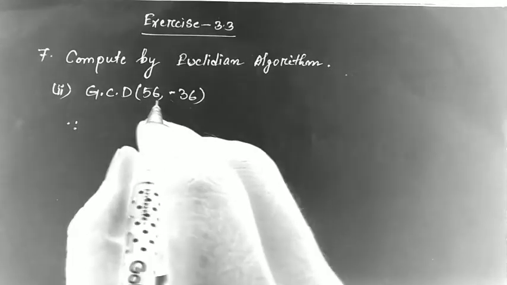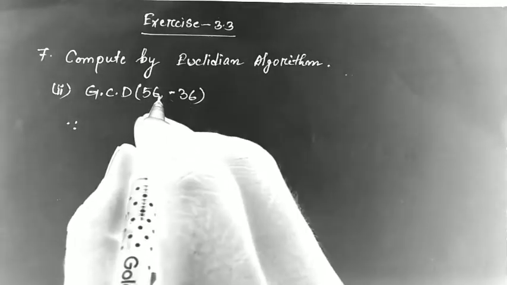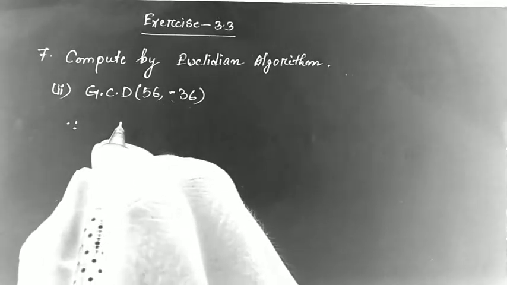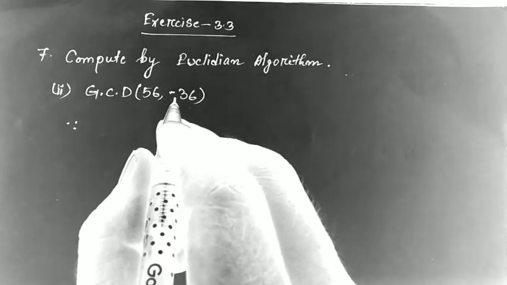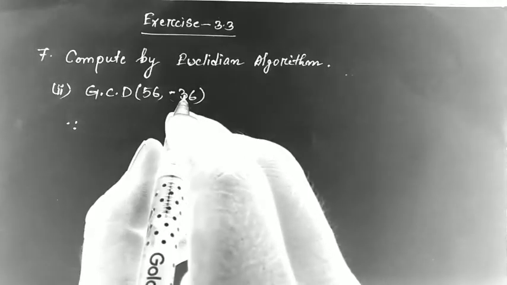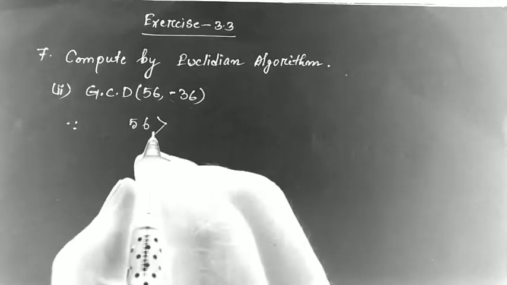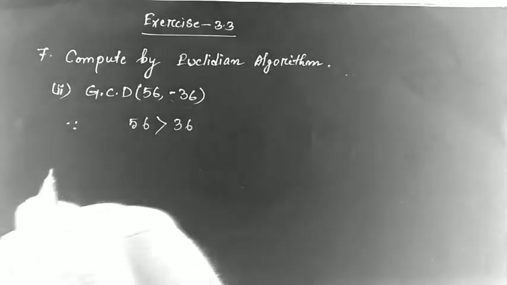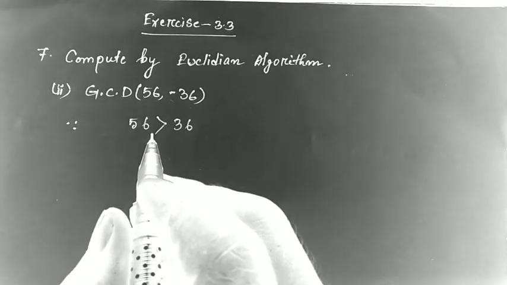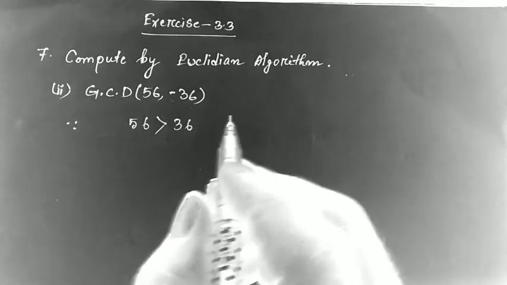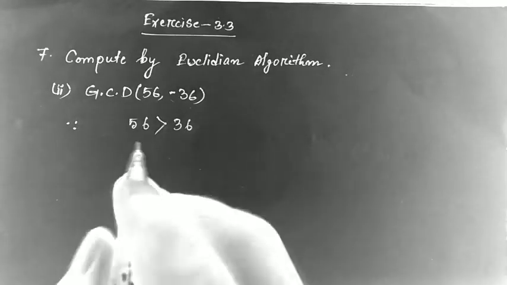Between these two numbers, which one is greater? If we neglect the negative sign, 36 is less than 56, that means 56 is greater than 36. So using Euclid's division algorithm, as you have done in general mathematics, you have to do it the same way.